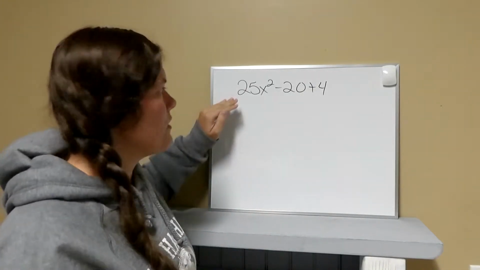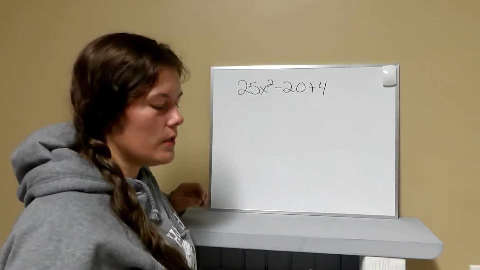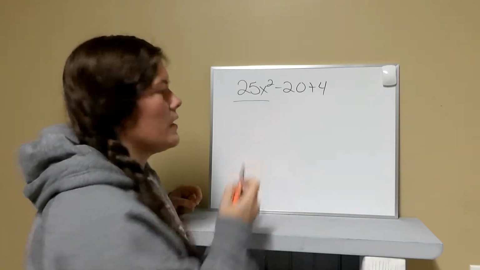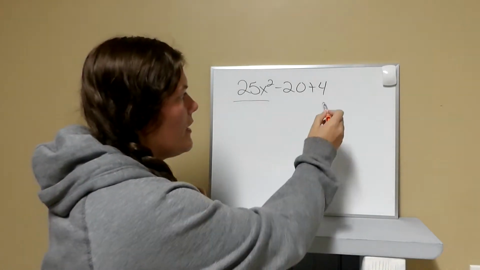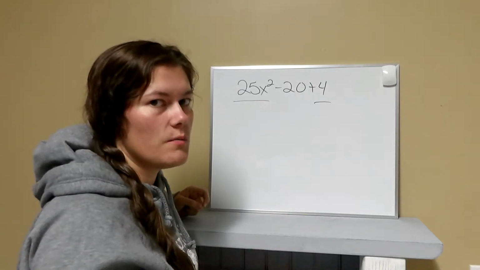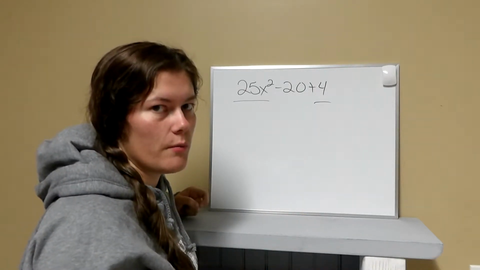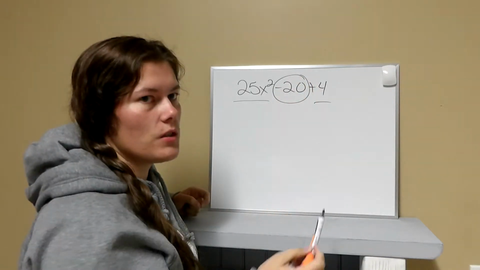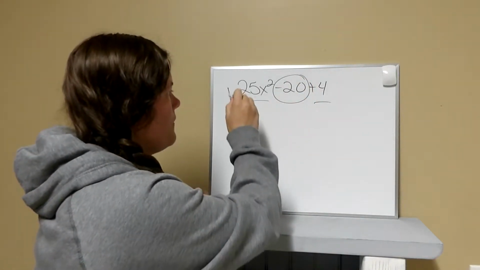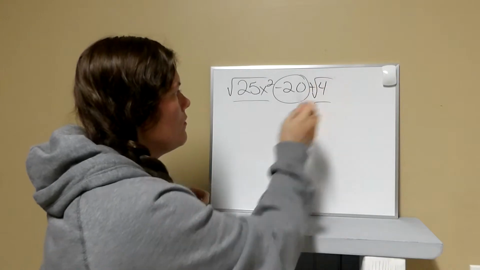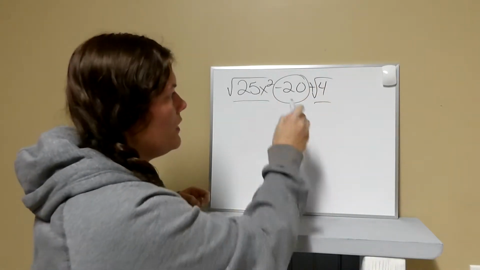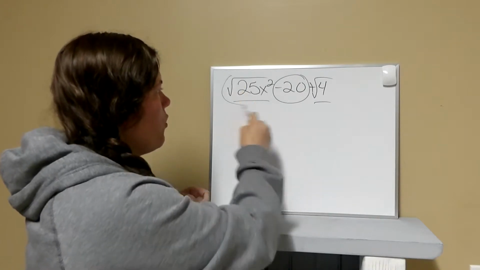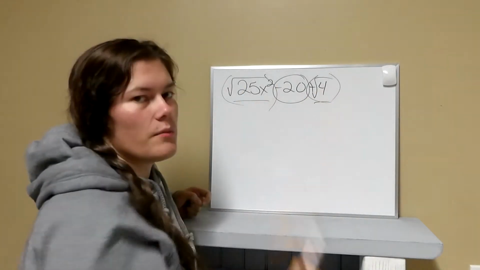Okay, so you have this equation, and basically what it's saying is the characteristics of a PST: the first term and the third term are always going to be perfect square numbers. And then this middle number is going to always be the same, where if you were to square these, both of these together would equal this number. But this number is twice of whatever these squared numbers are.